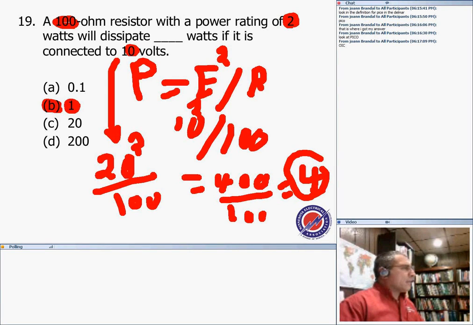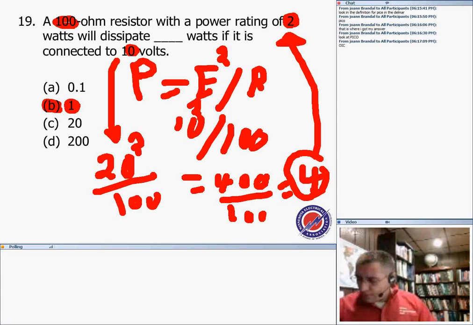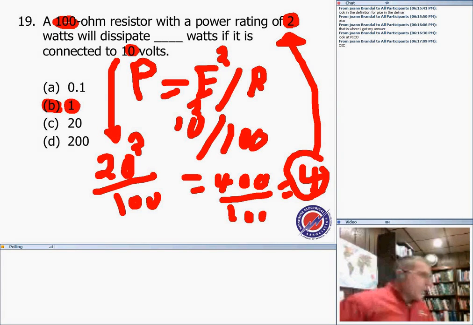Now, 4 watts. The resistor is burning at 4 watts and it's rated for 2 watts. So what did you do to this resistor? You have just smoked that baby. Okay, number 20, did I do that one? Yep. So everybody's smoking it if you put it at 20 volts.